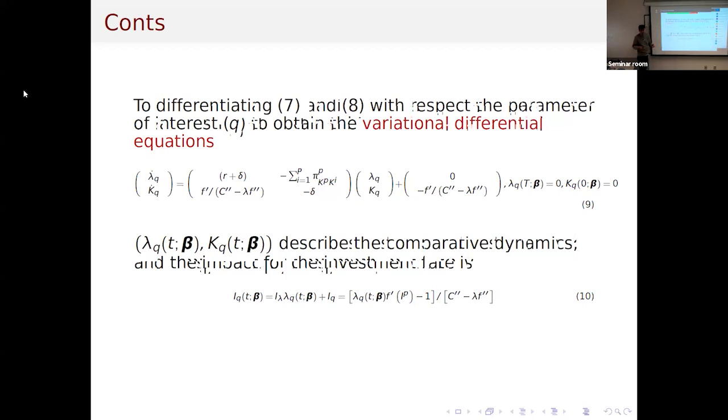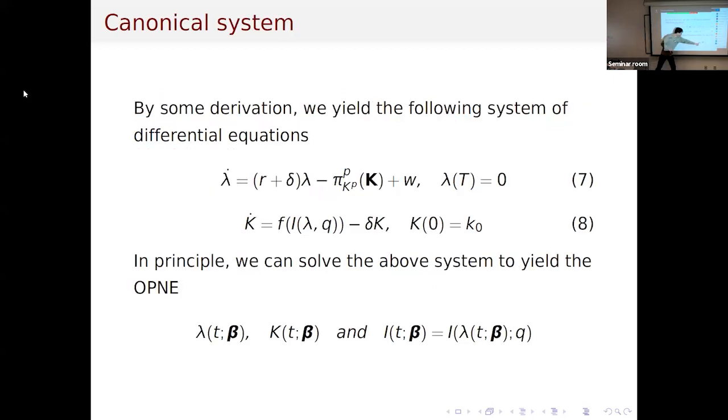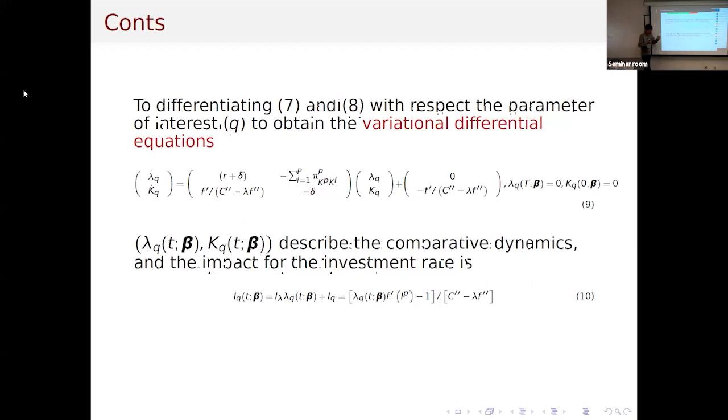It describes the changes at each instant of time. Once we have this, we can substitute it back into this equation, and then we can get the comparative dynamics for the investment rate.